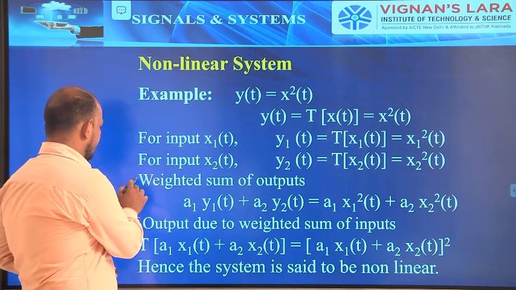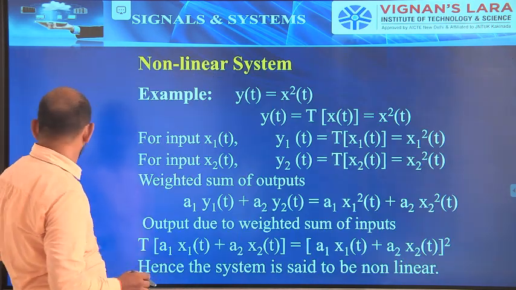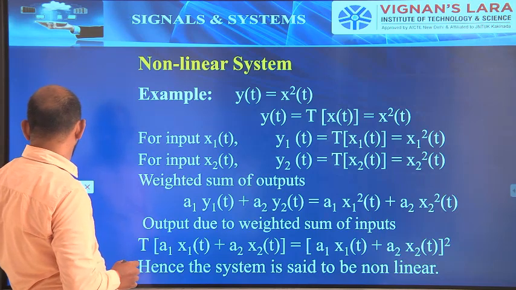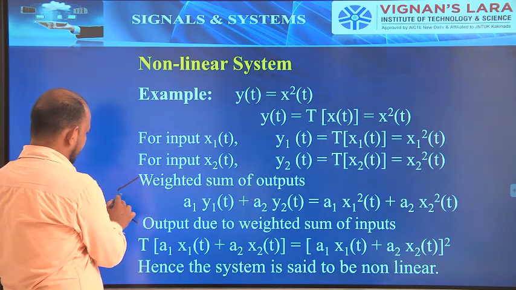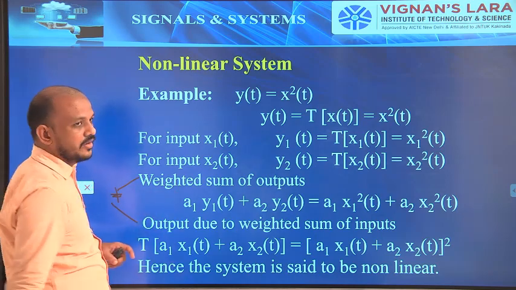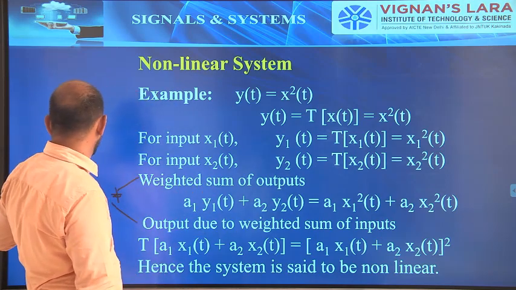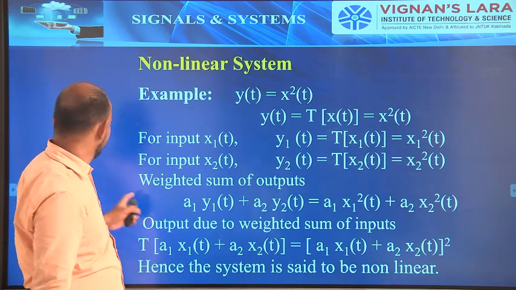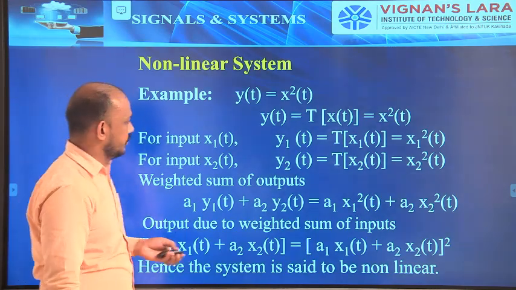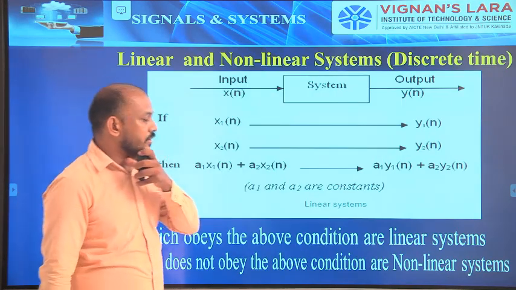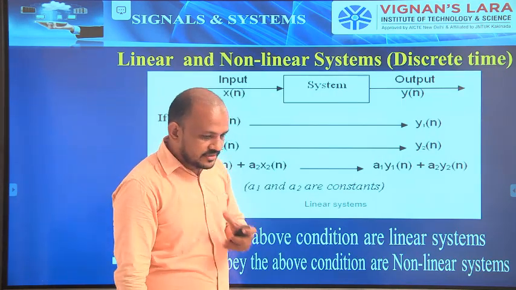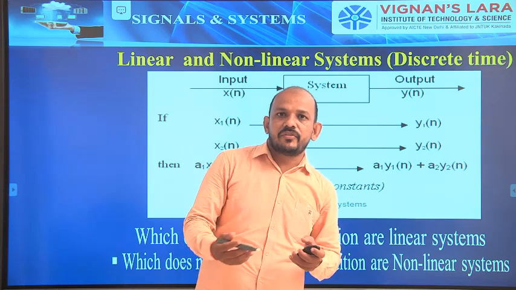That is, this one and this one are not equal. Hence we can consider this system as a non-linear system. Clear.